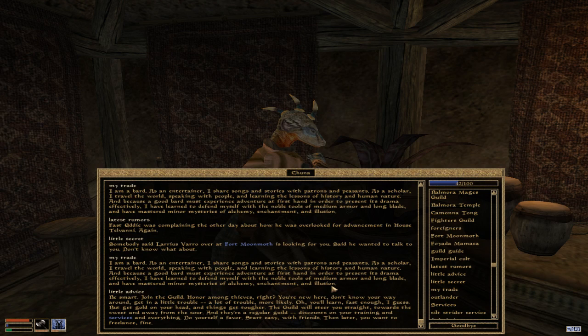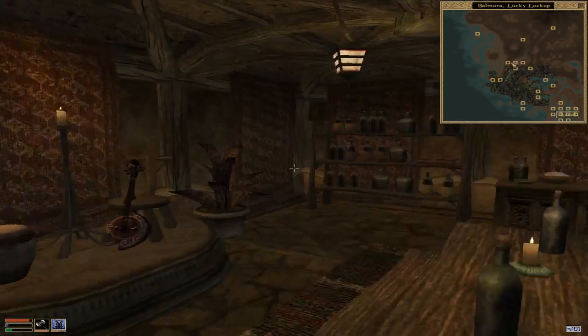The guild will steer you straight towards the sweet and away from the sour. Discounts on your training and services and everything. Do yourself a favor. Start easy with friends. Then later if you want to freelance, fine.